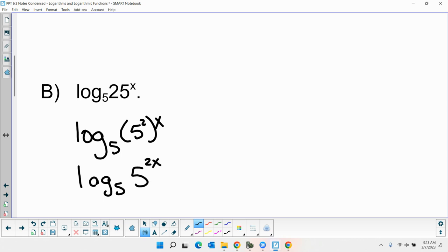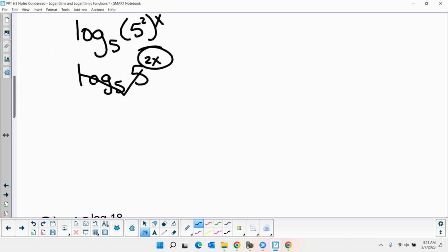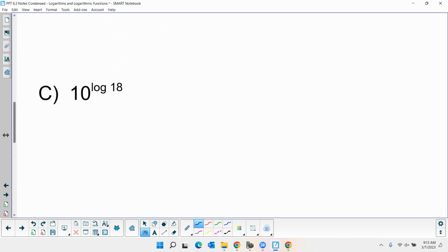The rule is to do that, right? So what do these two do to each other? Cancel, so what's the answer? 2x. Okay? Again, there's no number here, so what's the 10 and the log base 10 do? Cancel, so it's 18.